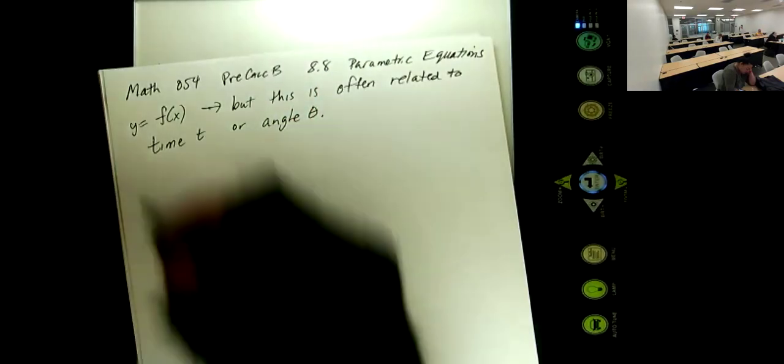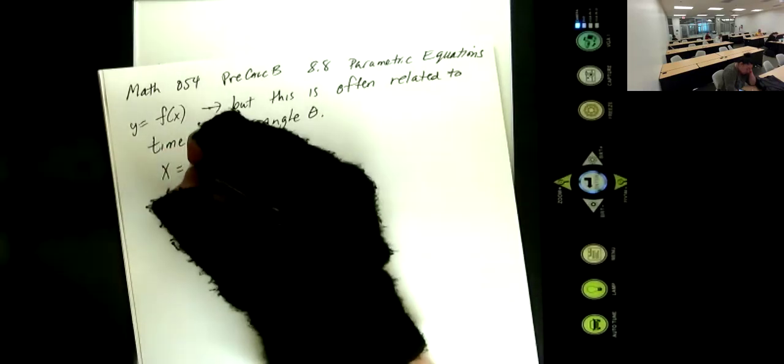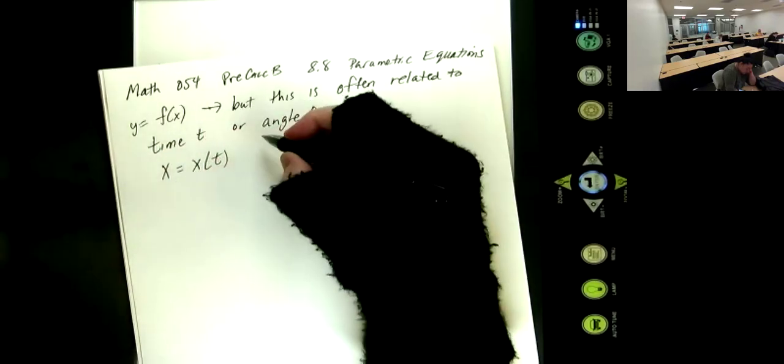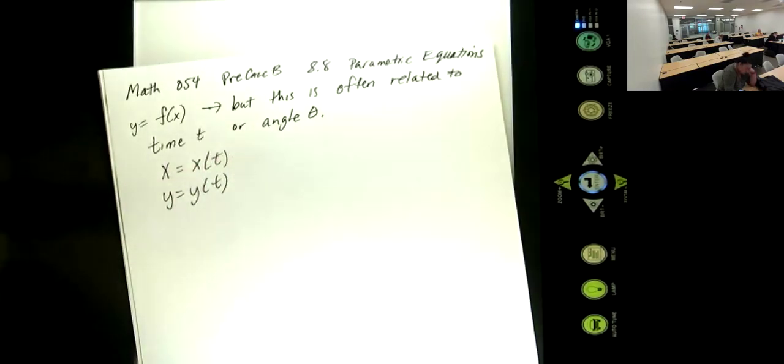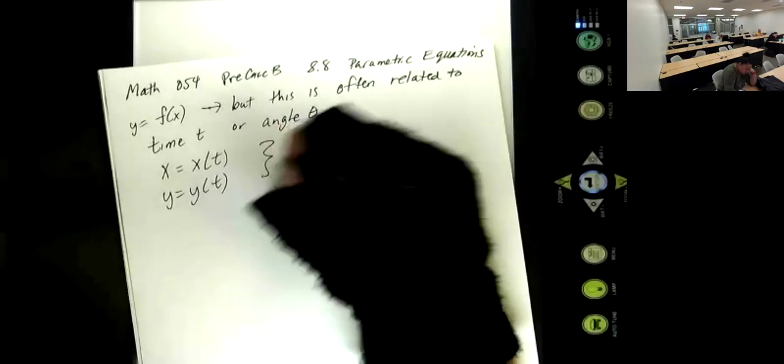Which means x is really a function of time, x equals x of t. And y is also a function of time, since y is a function of x. They're both functions of time.